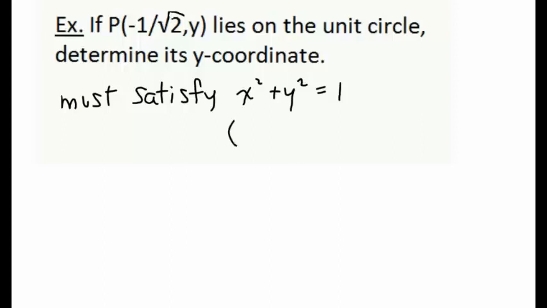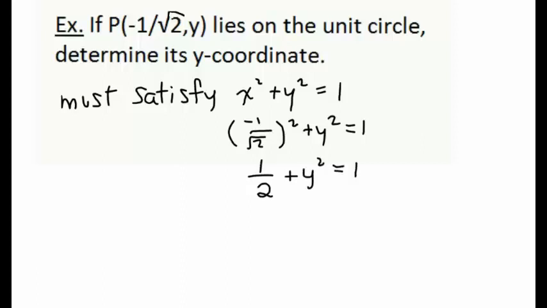So if we substitute our x-coordinate, negative 1 over root 2, and square it, we get 1/2. If we subtract 1/2 from both sides, we get y squared is equal to 1/2. And we can apply the square root to both sides to get y equals plus or minus 1 over the square root of 2.